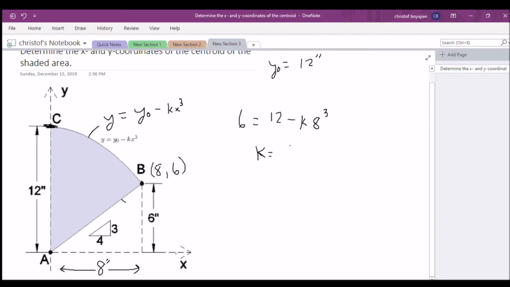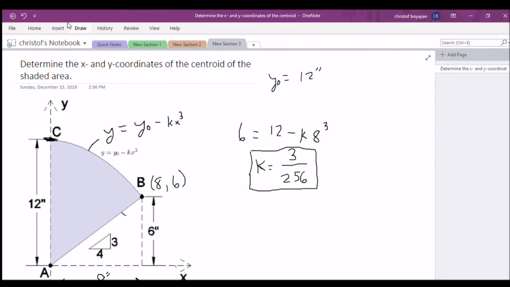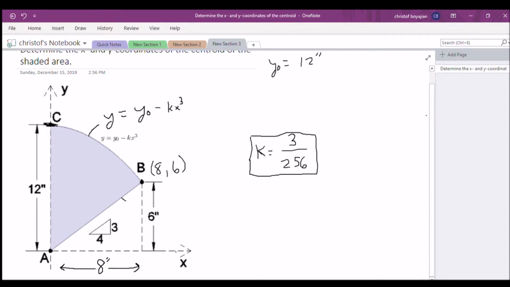So k is going to be 3 over 256. Now this is definitely a fraction that we do not like at all, but we're going to need it. It might get a little bit messy when we do our integration, but it will actually clear some things out.